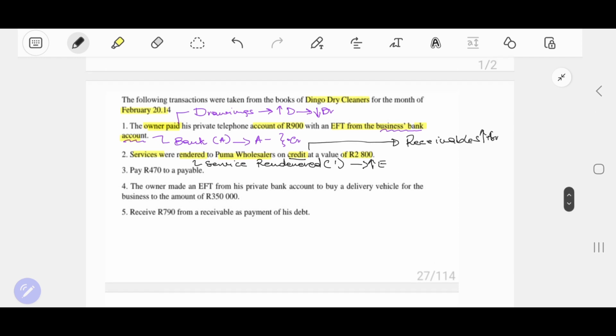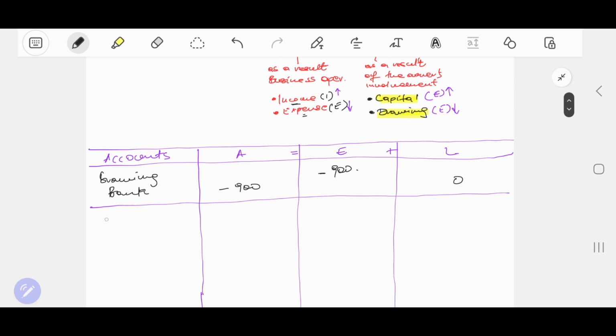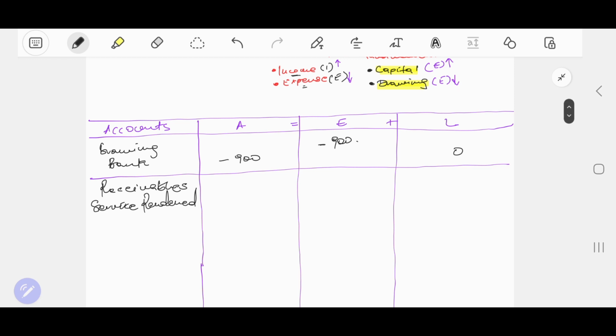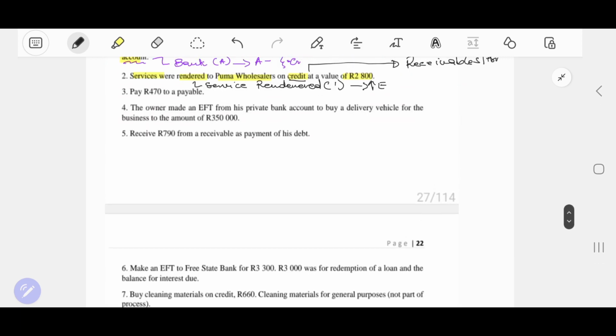So it means that you are going to debit receivables and credit service rendered. So my receivables are going to increase. So plus under assets, my receivables are going to increase by 2,800.